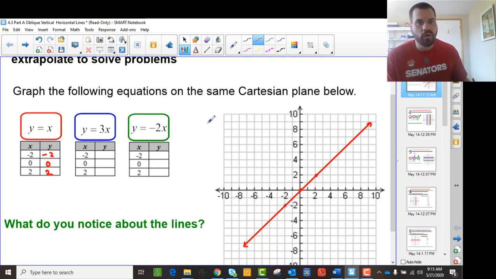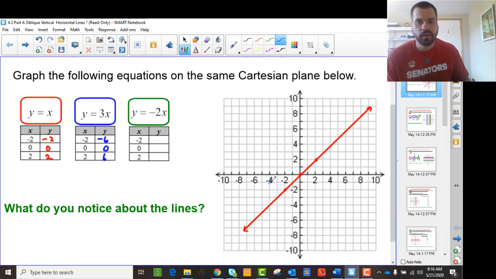Okay, then y equals 3x. We'll do that in blue. All you're going to do is multiply each of these by 3, right? So we're going to get -6, 0, and 6, because 3 times 2 is 6. So -2 is going to be down here at -6. At 0, it's still at 0. And then at 2, it's way up here at 6.